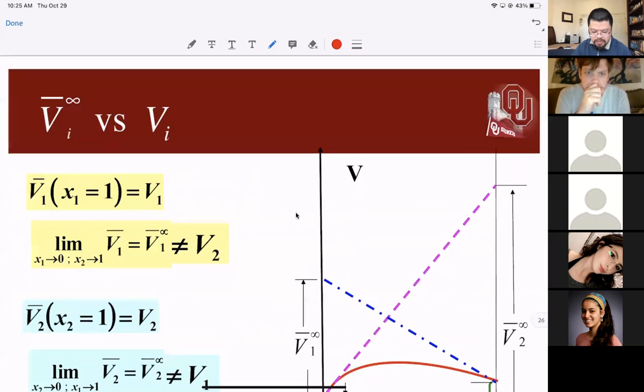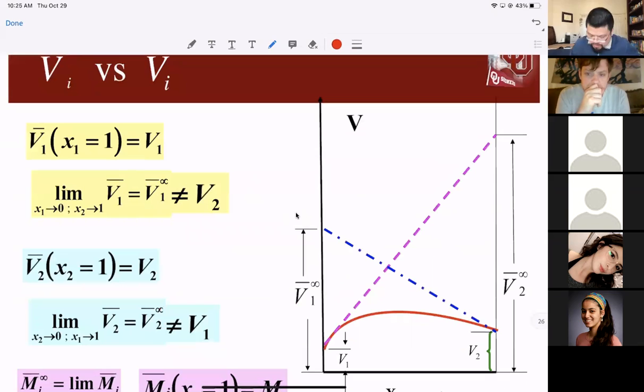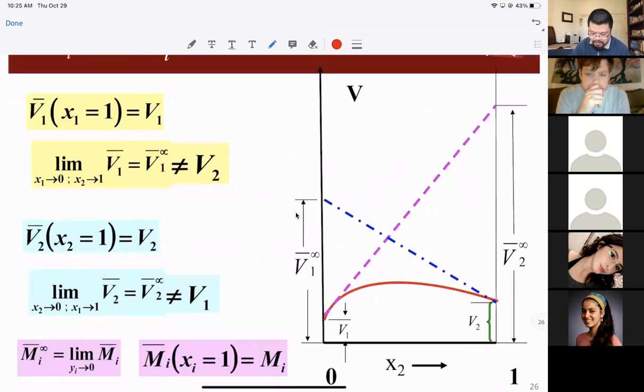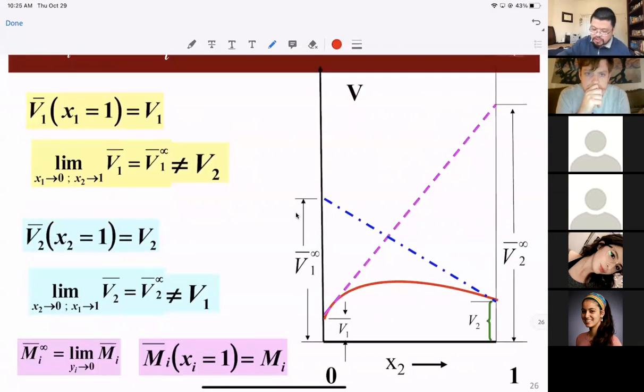Here is a diagram I have for you. That's a very nice diagram, mathematically very nice. This is the curve we have for the total volume, for the mixture. And I express this as a function of the component 2, meaning for this special condition, I have x2 at dilute, right?